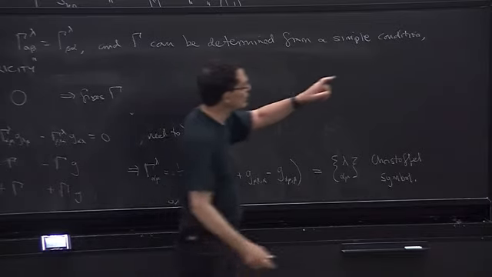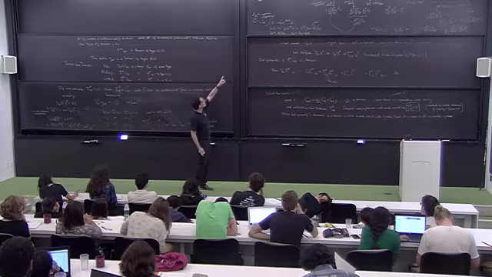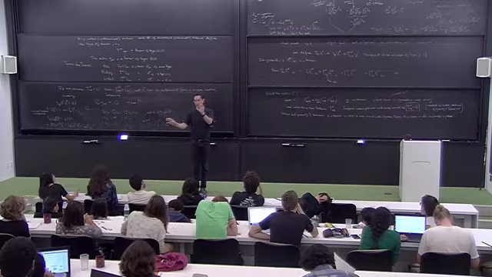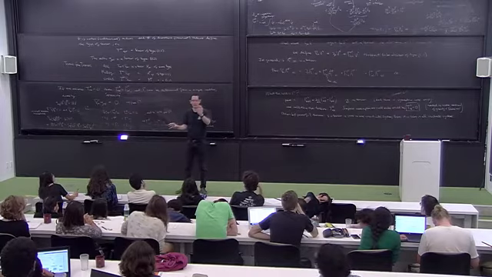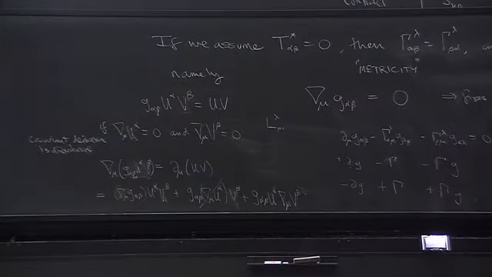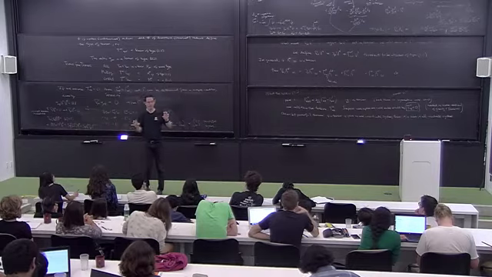Just like in electrodynamics, A mu is the connection. That's analogous to gamma. And the field strength was a physical thing. That was the electric and magnetic field. So the field strength is analogous to the Riemann tensor in gravity.